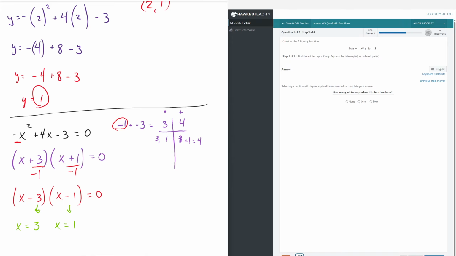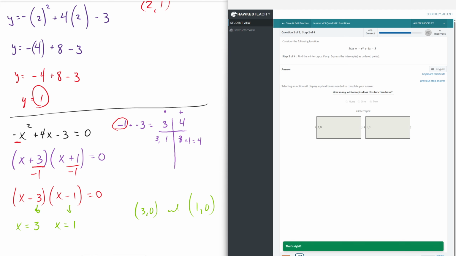And so since I have actual x values, I know that I have an x-intercept at 3, 0, and at 1, 0. So, 2 of these. 3, 0, 1, 0. There you go.